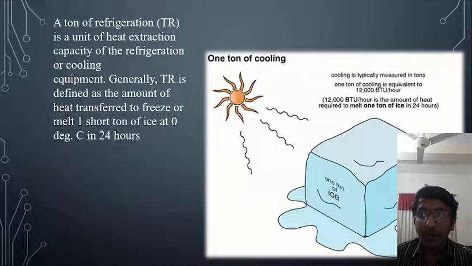So the heat change equation is the latent heat of freezing times its mass, which is 1000 kg or a ton, equals 3.334 times 10 to the power 6 joule.